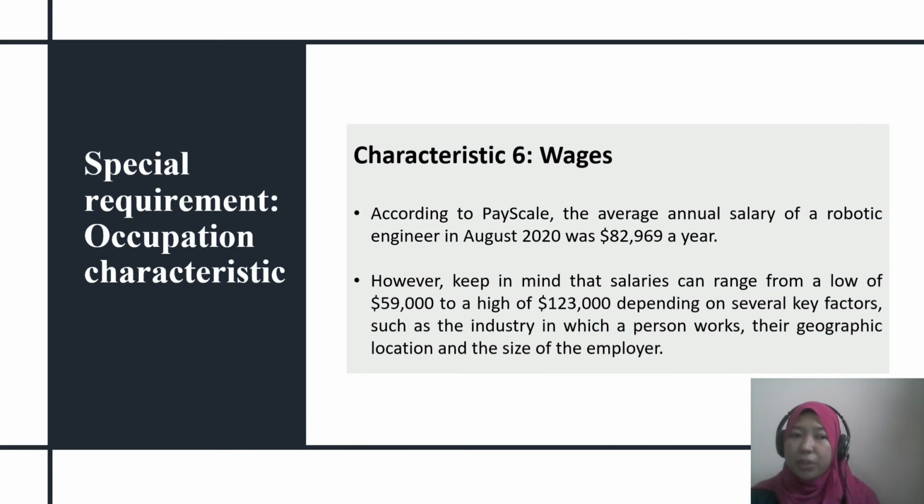Another special requirement is on the occupational characteristic, whereby the sixth characteristic is about wages. According to PayScale, the average annual salary of robotic engineers in August 2020 was $82,969 a year.